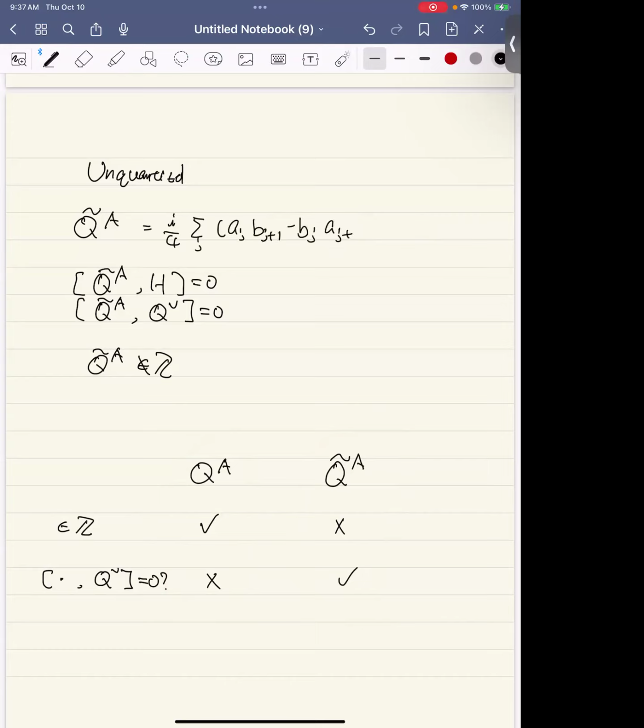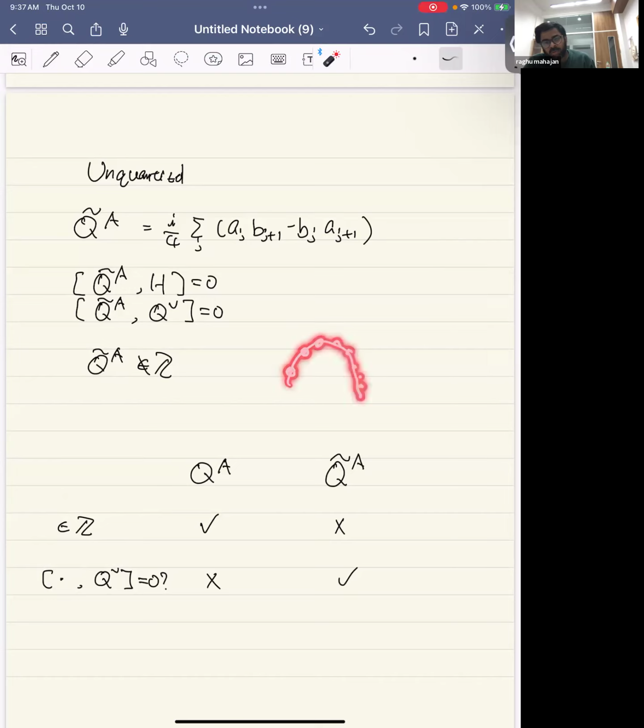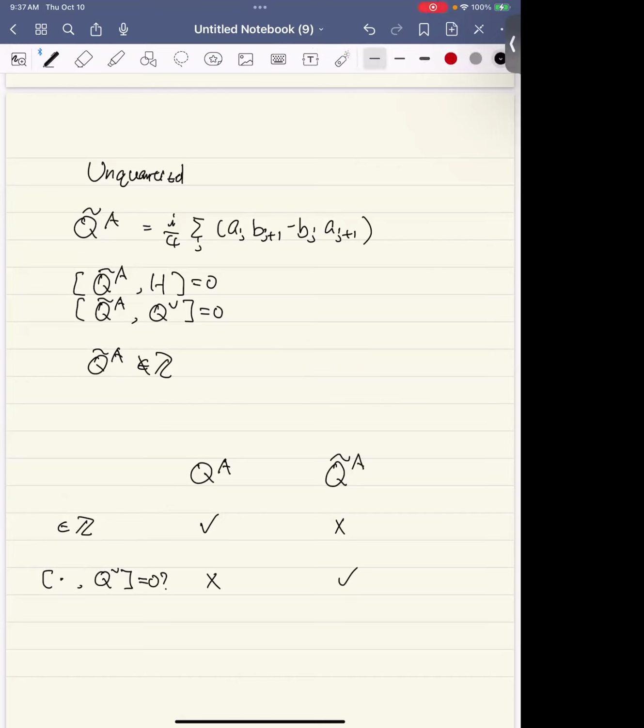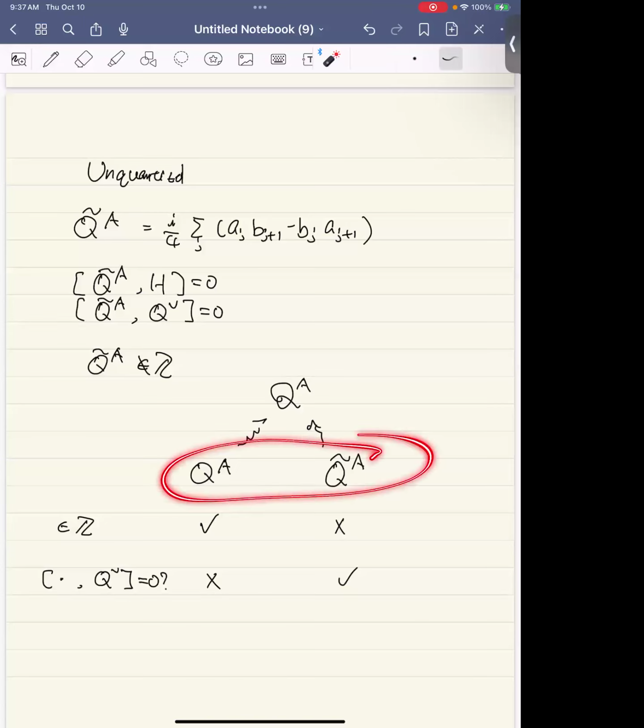Its eigenvalues are not quantized. Its eigenvalue is like a sine function, some discrete points on the sine function, so they are generally irrational. Both of these charges in the continuum limit become the same axial charge, but on the lattice, they are different operators.